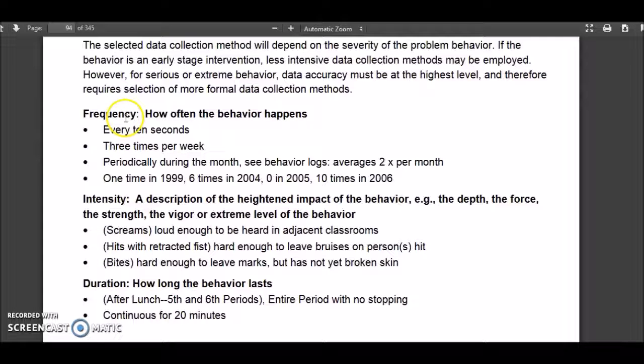The frequency really depends on the type of behavior and on the student. Some behaviors may be happening frequently. Let's say a student is off task and he's off task every few minutes, or maybe every 15 minutes or every hour. So that would be very frequent.